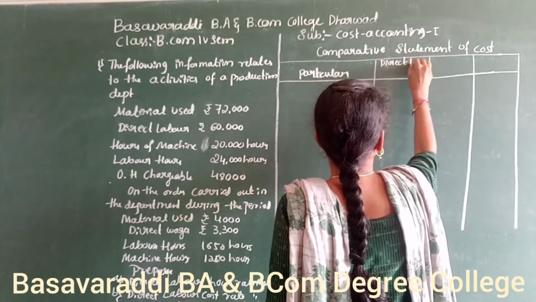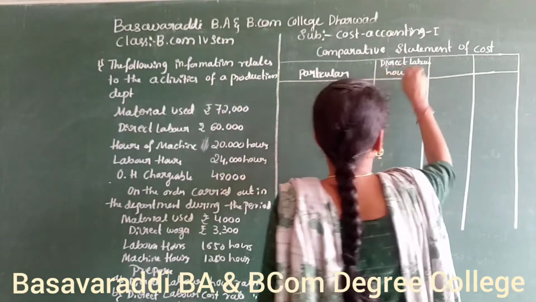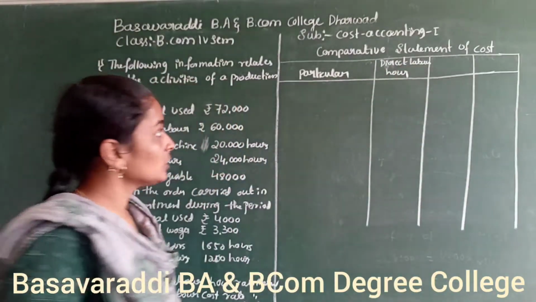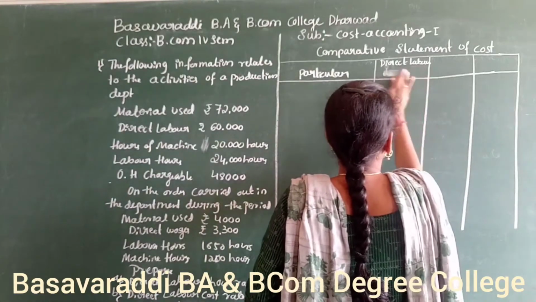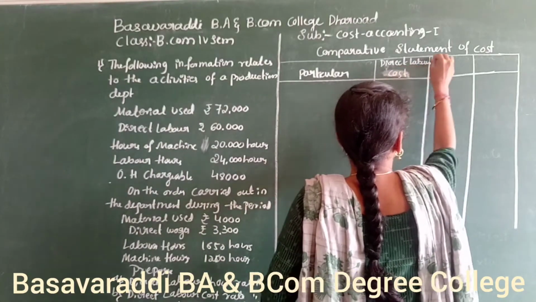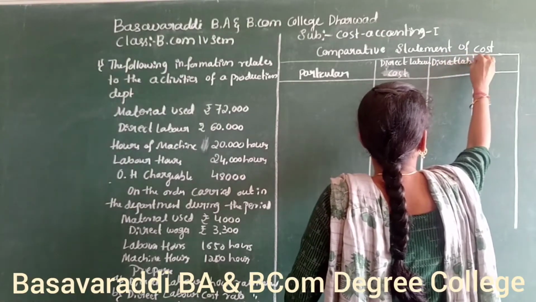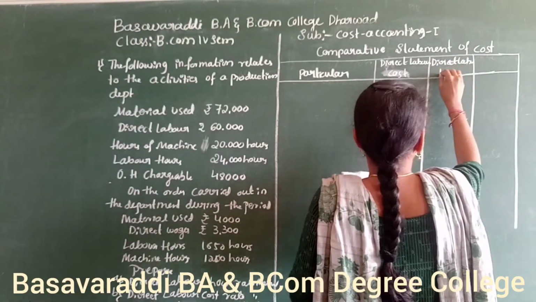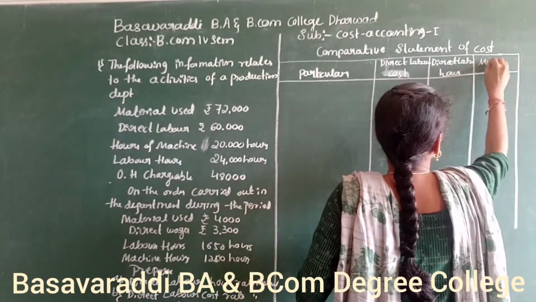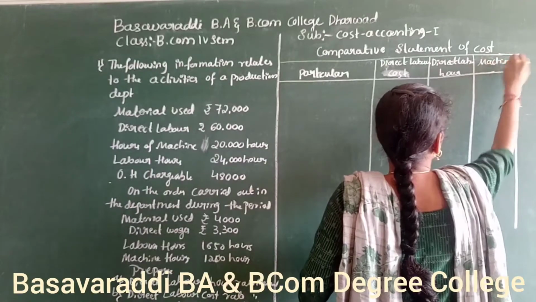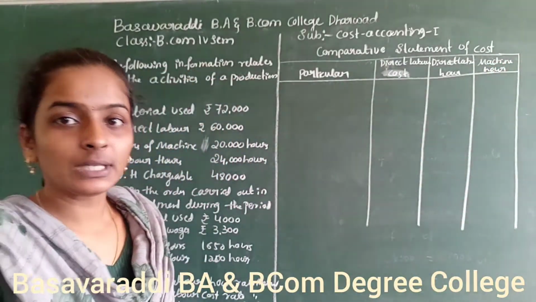The first one is direct labor hour. The second one is direct labor cost. The third one is machine hour. 3 columns.